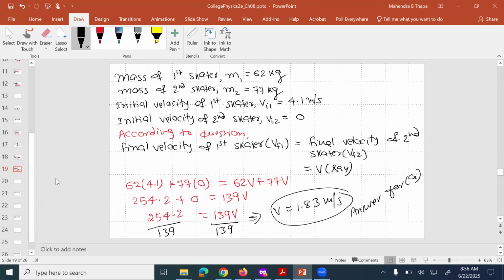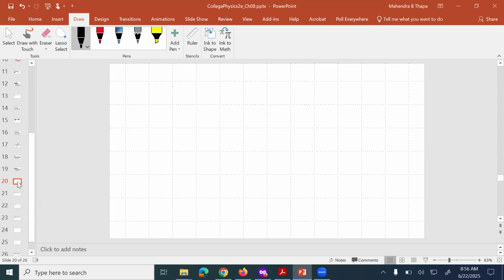Okay. Let's find the total kinetic energy before and after. So total kinetic energy before collision.